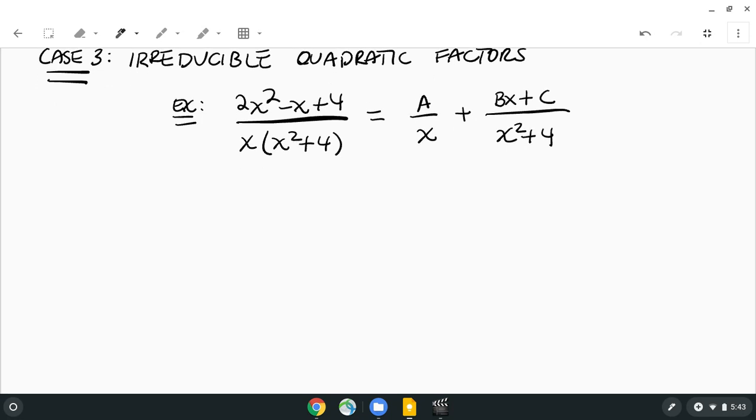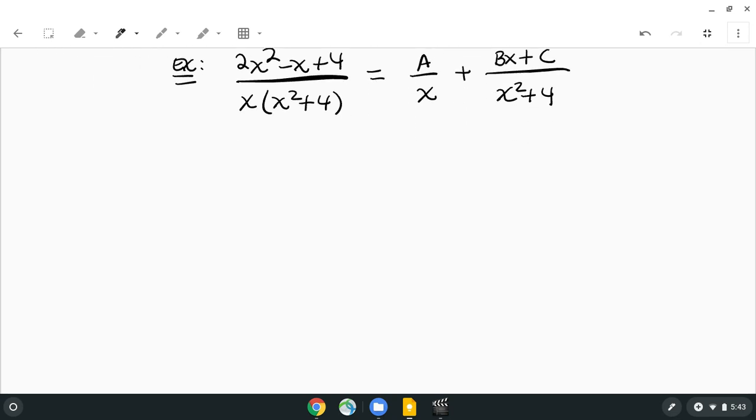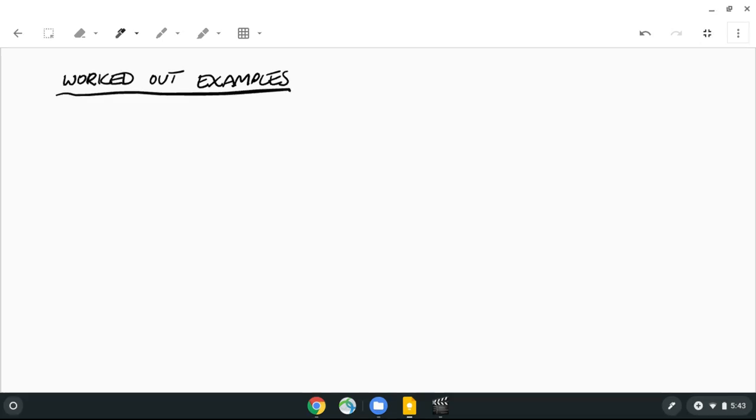All right. So now let's work out some examples. Expect one problem to take up a lot of room. All right, so let's start with this first one.